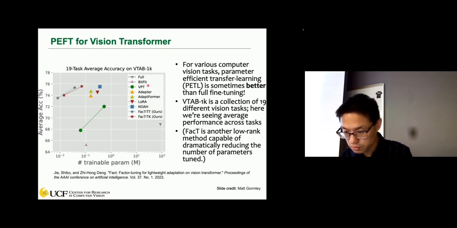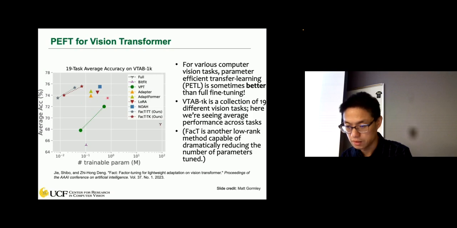Let's first look at visual prompt tuning. If you increase the tunable parameters, the prompt tokens, adding more tunable tokens, you are able to surpass full fine-tuning in average performance. If we look at LoRA, this red triangle right here, it also outperforms the average performance of full fine-tuning.